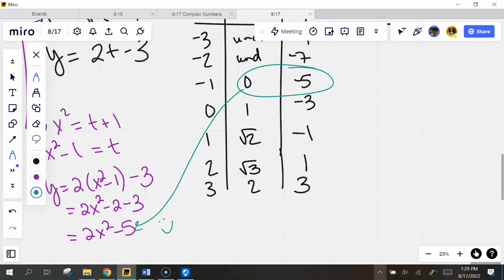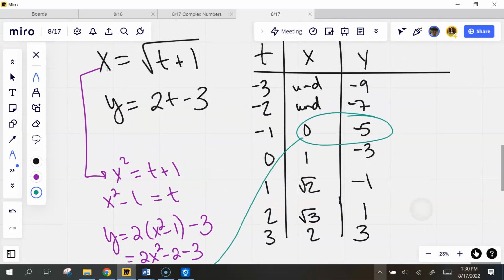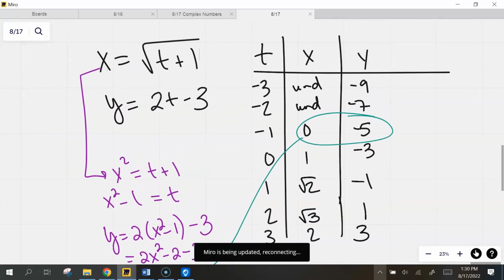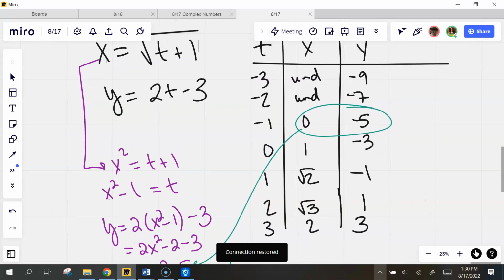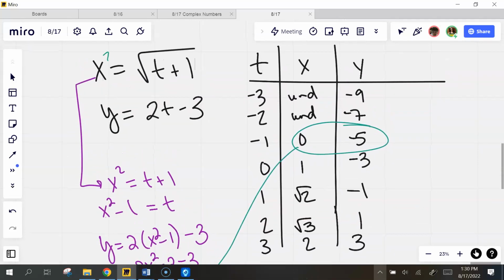Well, so what I did was I just squared both sides here, and it went away there.